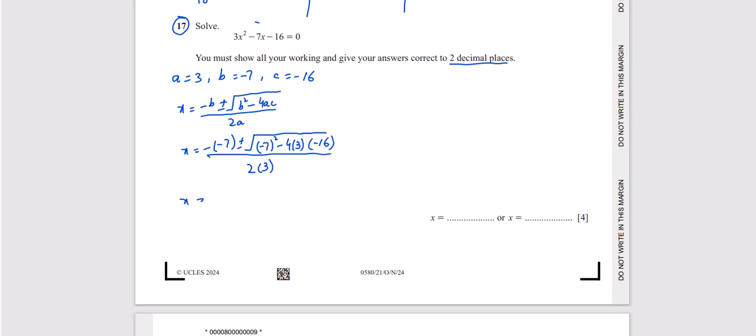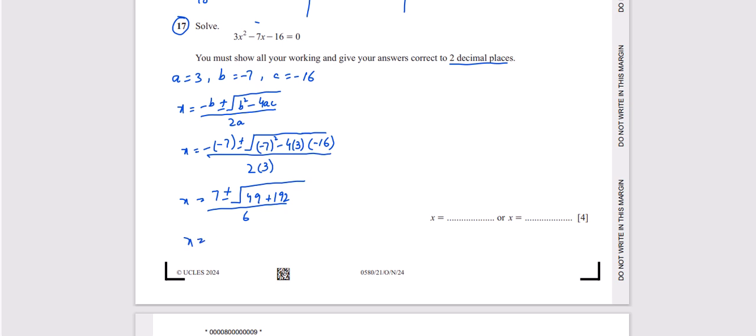So X is equal to minus multiply with minus 7 plus minus 7 raised to the power 2, that is equal to 49, minus multiply with minus, that is equal to plus. 4 multiply 3 multiply 16, that is equal to 192 divided with 2 multiply 3 is equal to 6.